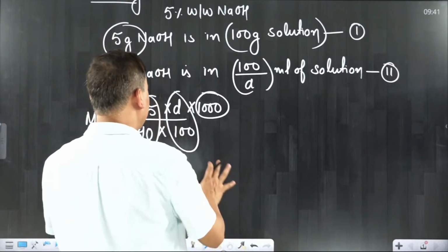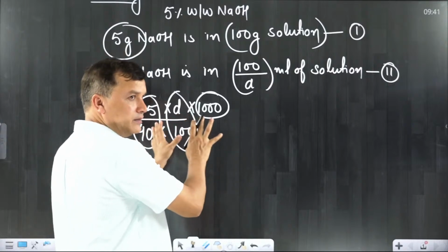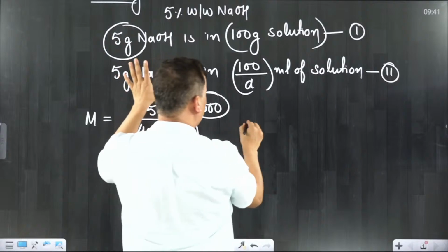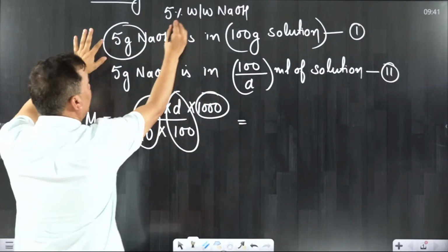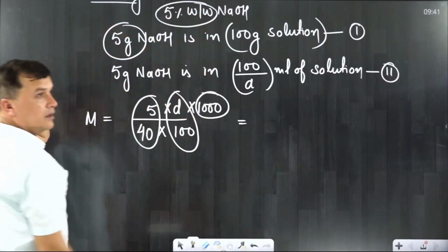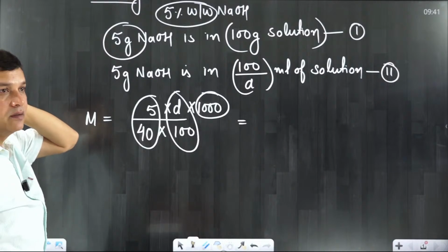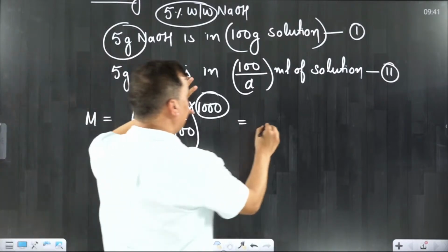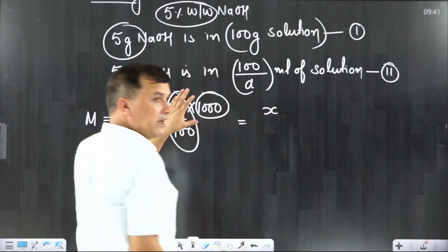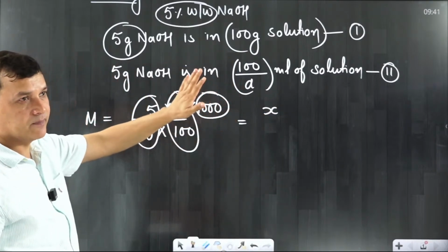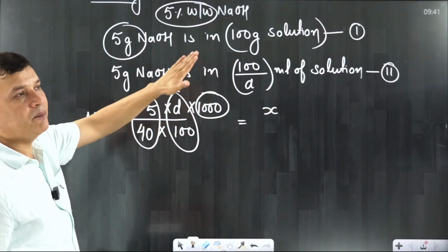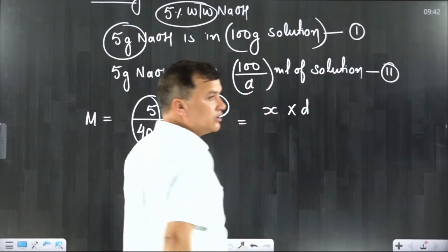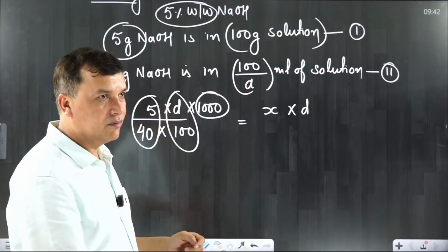So dear student, now let me write this in the form of the formula. This 5% weight by weight is the percentage of solution. Please, I am just making the formula, try to understand that. Here X is the percentage of solution, X into D. D is the density of solution in gram per centimeter cube.